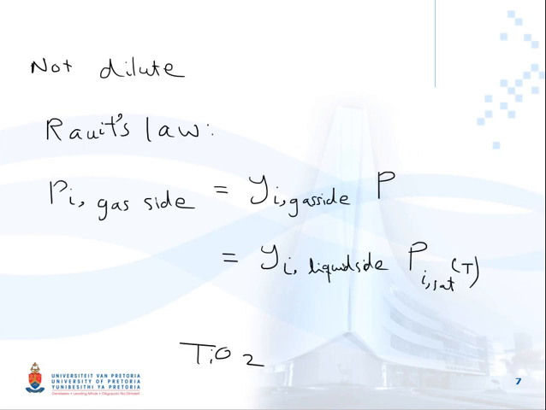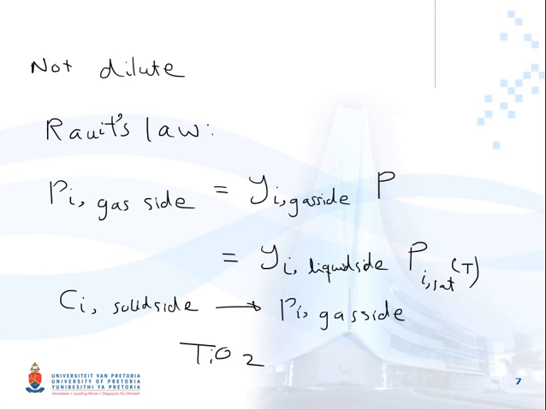The concentration of gas, let's say species i, in the solid at the interface is Ci solid side, and it's proportional to the partial pressure of the species in the gas, Pi gas side.